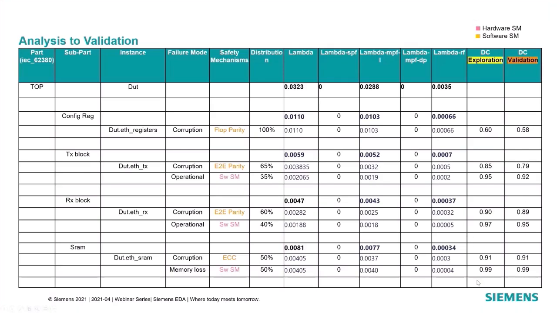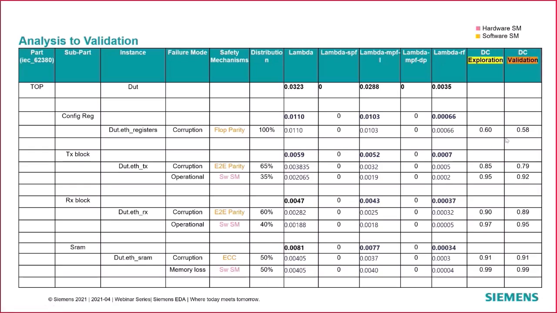So, Vedant, I see a minor delta between exploration DC and validated DC. Is that expected? Yes. Actually, that's a very good point. What happens is that the final validated DC is really dependent on so many factors.